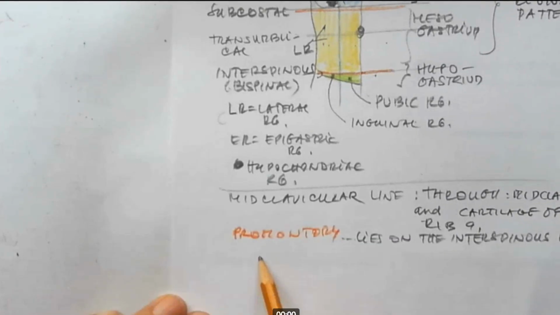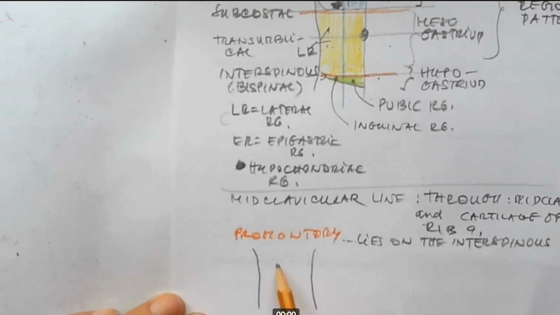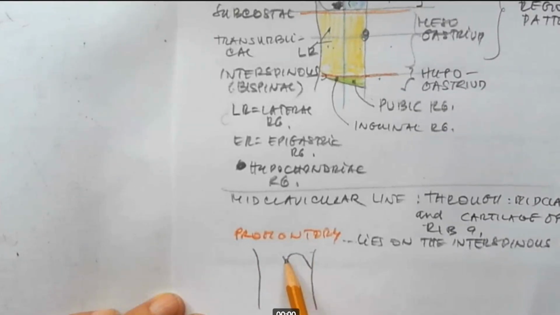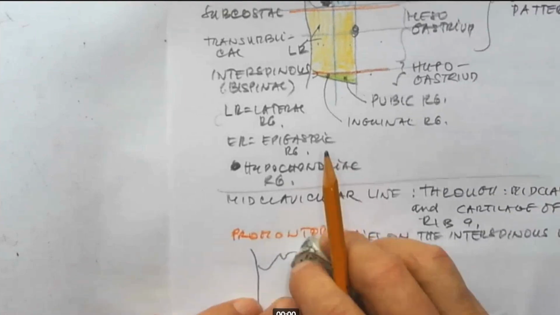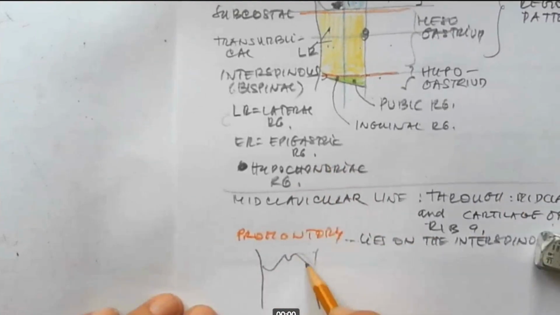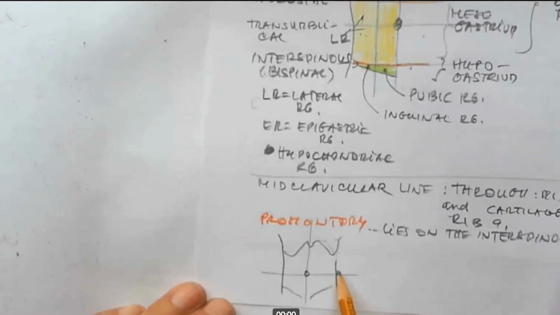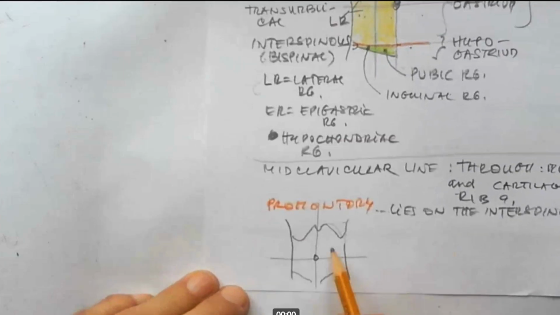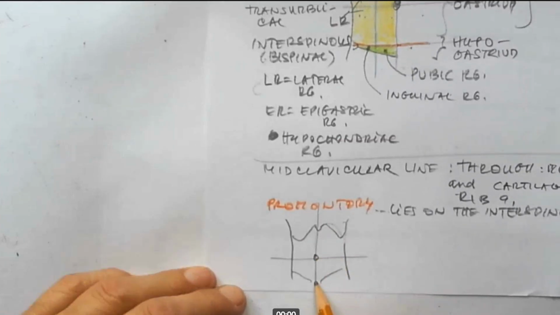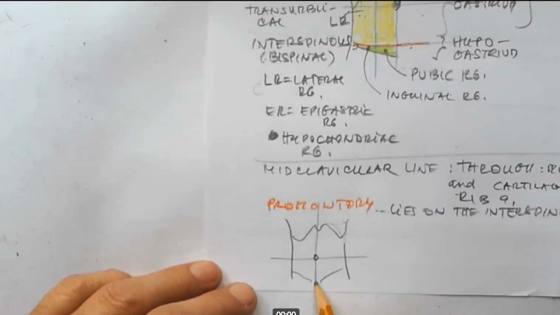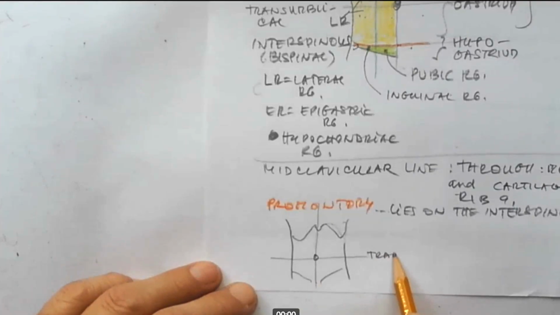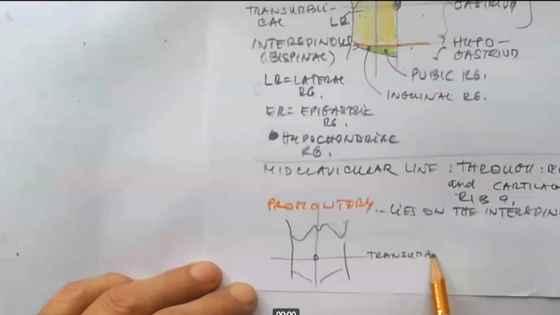We don't need that big drawing; a much smaller one is better. Here we have 4 quadrants, so we can divide the area by one median plane, the anterior median plane, and the transumbilical line.